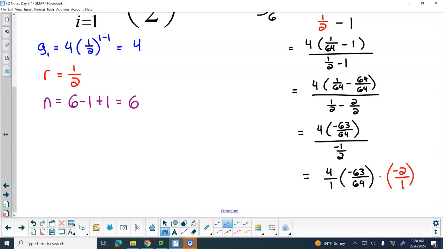Now, are you a straight multiply, then a reduce, or are you a reduce, then multiply? Reduce first, okay. Does 4 go into 64? How many times? 16 times, yep. 63 doesn't go into 16, otherwise we would reduce that a long time ago.